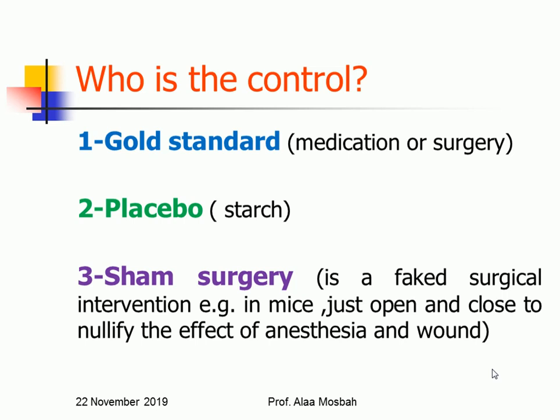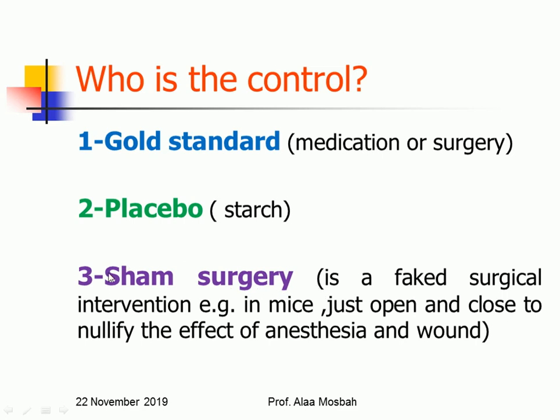Okay? Why am I using a control group and doing surgery like that without doing anything in the ovary? To nullify the effect of anesthesia and wound. This is called sham surgery.